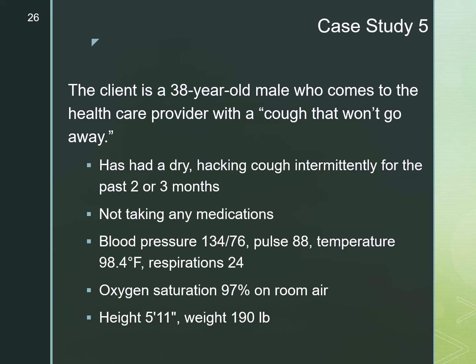Any health history that we need to obtain from this client? Well, we need to know, are there any other symptoms, including pain, orthopnea? Remember, orthopnea is difficulty breathing when they're lying down. Dyspnea, exercise-induced or exercise intolerance, the ability to participate in usual activities.